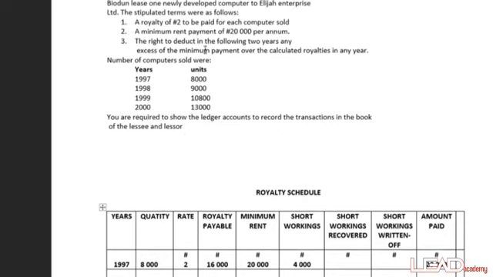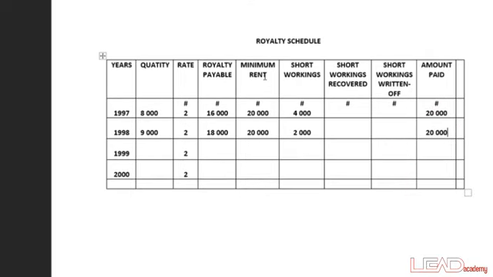Now in our question, they say the right to deduct in the following 2 years any excess of minimum rent. So it was an agreement that if in a particular year you were not able to meet the minimum rent, and in any other years you were able to make more than the minimum rent, you can recover the expense or loss you made in the previous years.